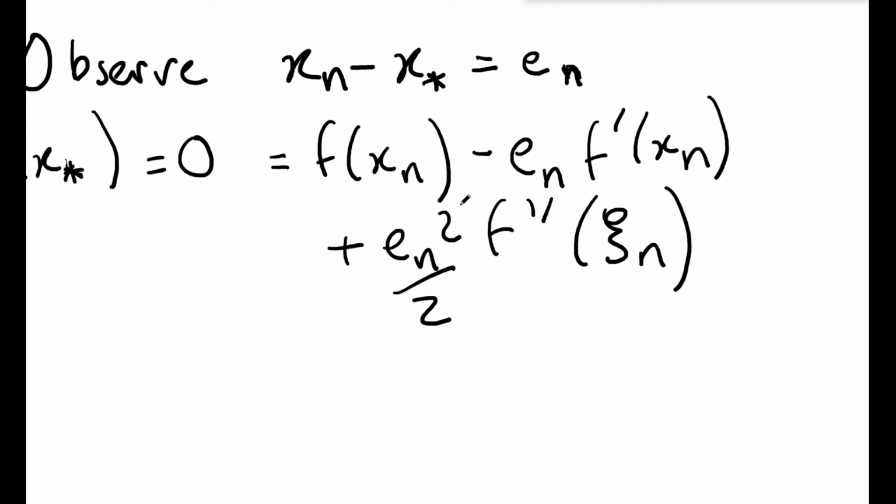What we're getting towards is that we had an expression with f and f prime, and we want to convert it into an expression in terms of the error, en, and then we have this Lagrange remainder term.